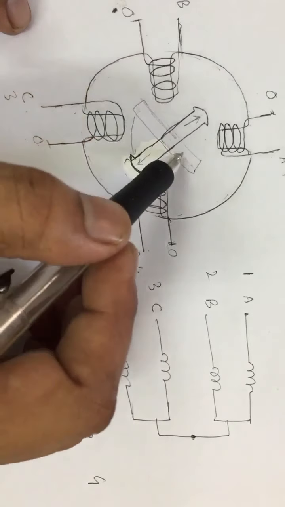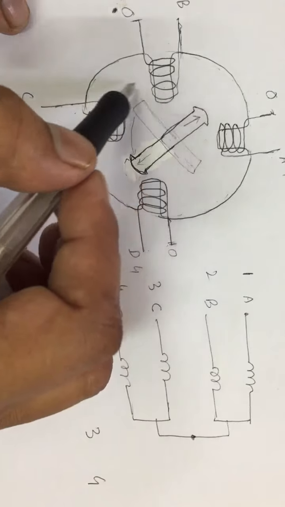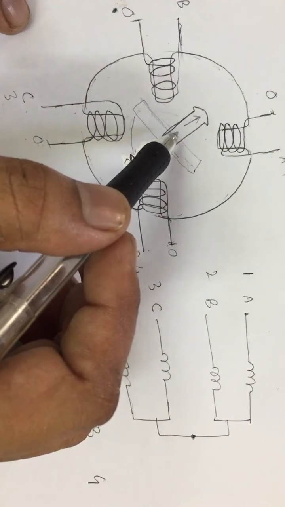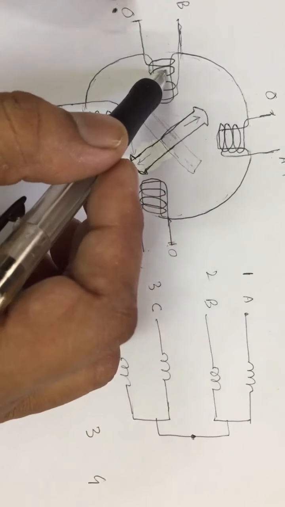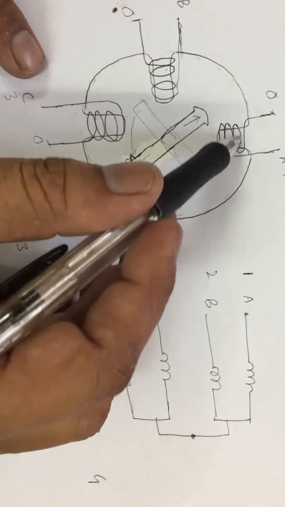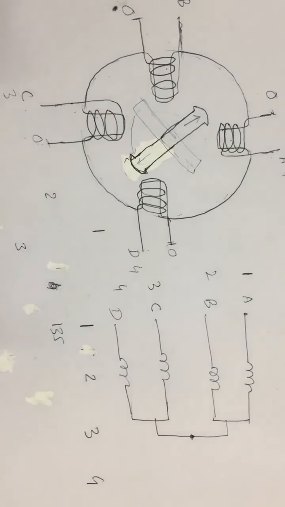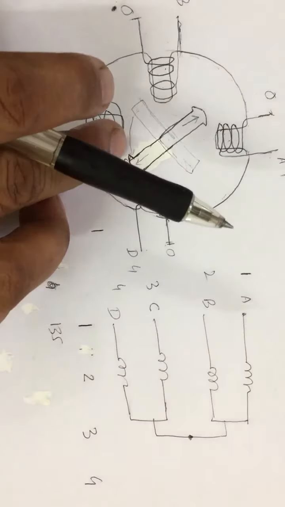So the step angle in this case becomes 90 degrees, and to complete the revolution we have to switch 4 times: one switching, another switching, a third switching and a 4th switching. After that it will repeat the previous one. So by just 4 phase combinations we can complete the revolution. This thing we will verify experimentally.